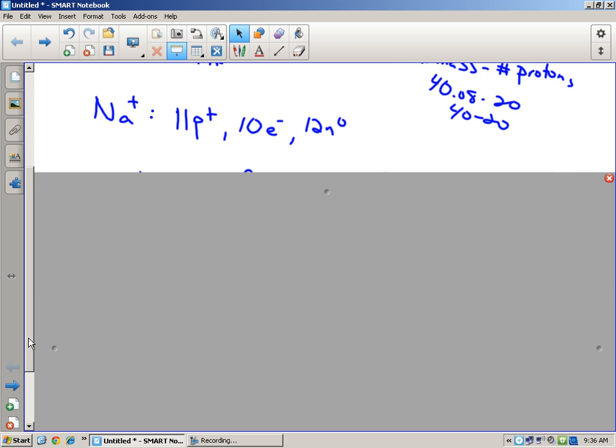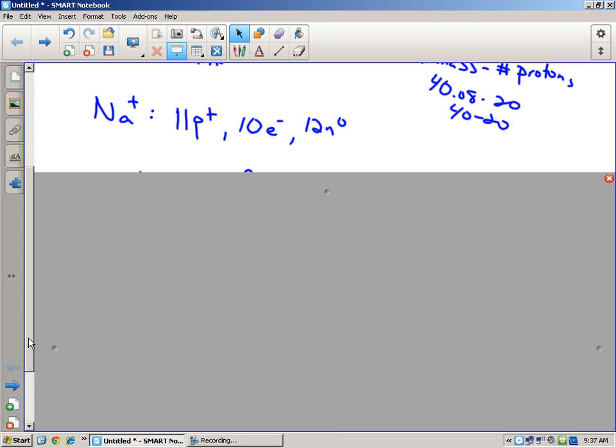If we got sodium ions, for example, sodium is always number 11, doesn't matter. Always number 11 on the periodic table, so it's 11 protons. This one has a 1 plus charge, so remember, we've lost an electron. That's what that means. So we have 10 electrons in this one, because remember, it's 2, and then it's 8. Stable, octet rule.